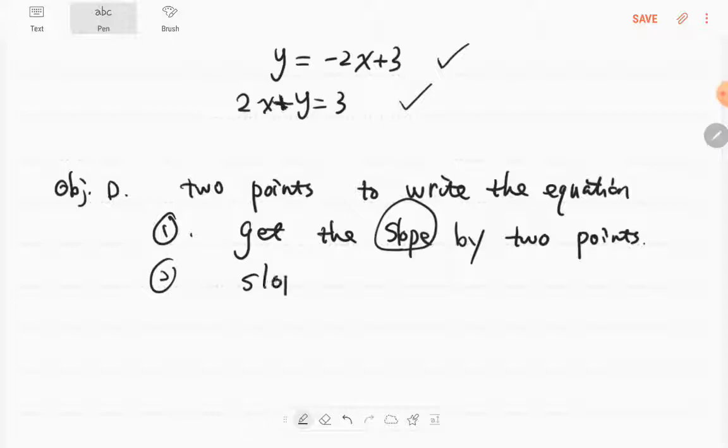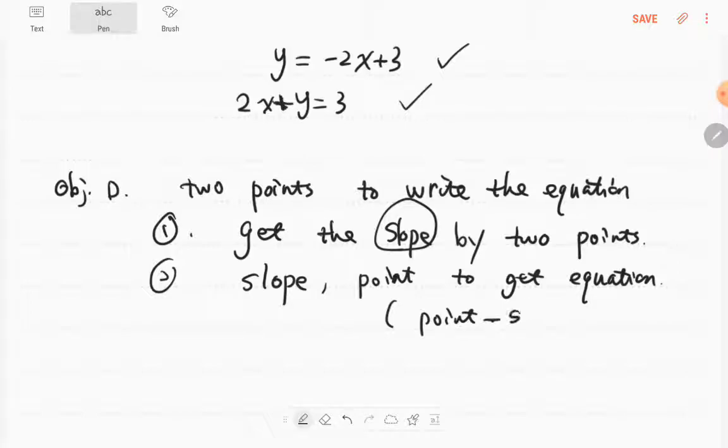Use slope, because for step 1 we already get the slope, then we randomly pick a point to get the equation. Of course, here we should use point-slope form.